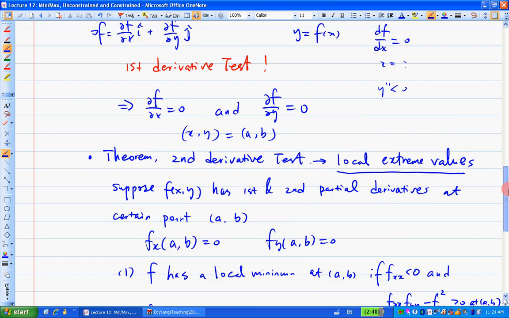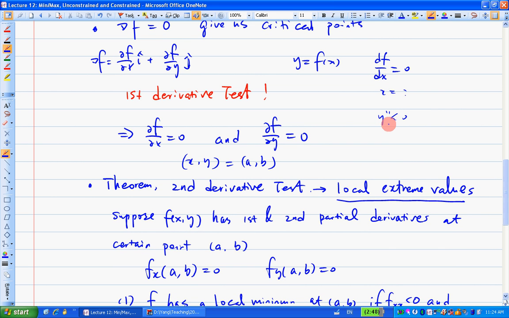When you have a single variable function, y double prime less than 0 or y double prime greater than 0, what does that indicate about the curve? If you have y double prime less than 0, the curve keeps curving up or down. For this case, the curve will be like this, and for this one, it will be like this.